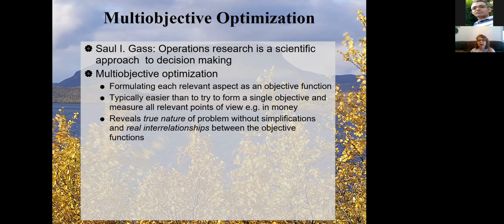By formulating multiple objectives, we get an understanding of the interrelationships, how the objective function values depend on each other, and the trade-offs involved: how much in some function I need to sacrifice in order to get a particular improvement in some other objective. In the multi-objective optimization setting, we can consider this kind of information, and it is typically very insightful and useful.